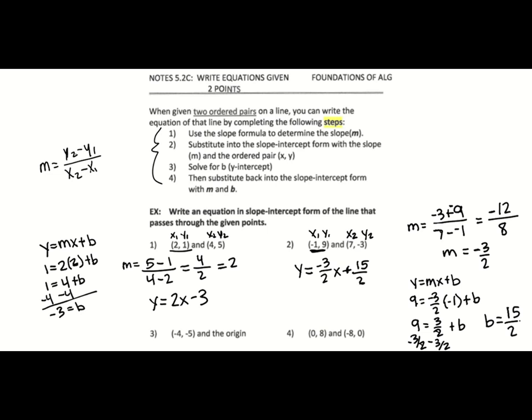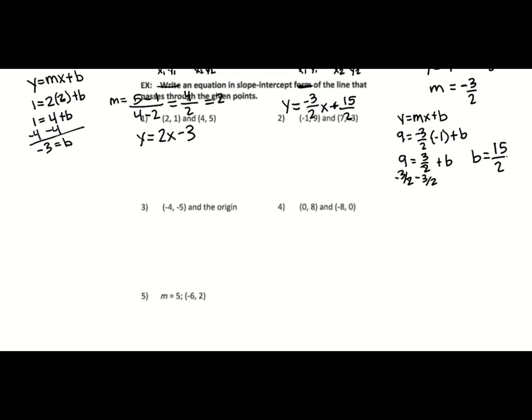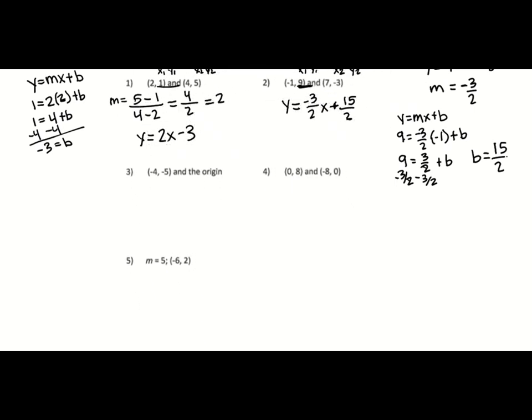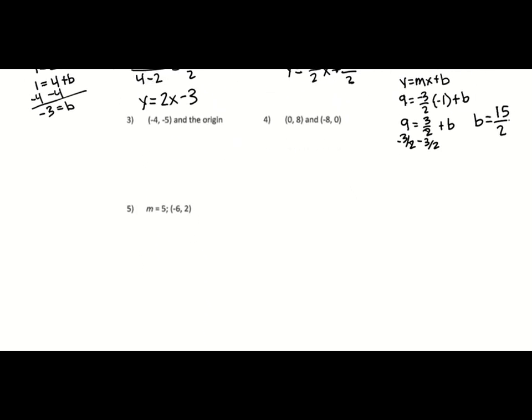Okay, let's do a few more examples. Number 3, says my first point's -4, -5, and my second point is the origin.